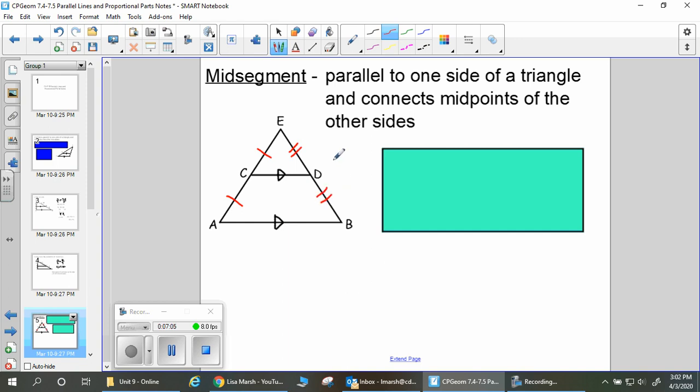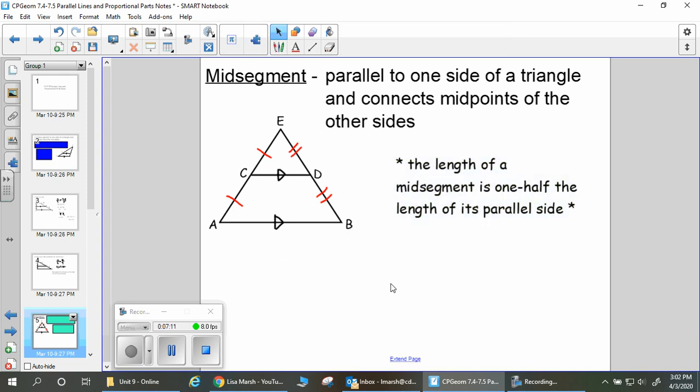It doesn't make all four pieces the same because it's still possible that your left and right sides were different to begin with. So in addition to having these equal pieces now on the left and the right, the length of a midsegment is 1/2 the length of its parallel side. So if I were to set that up as a formula, the midsegment in this picture is CD.